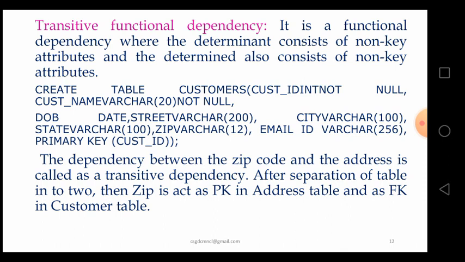The dependency between the zip code and the address is called transitive dependency.